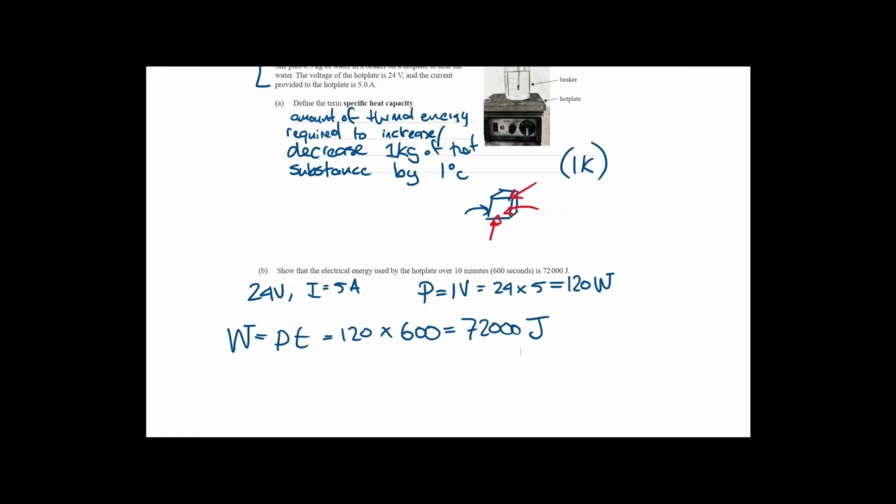Okay, now we get to the bit I think that stumped a lot of students. So we're told that Celia graphs the increase in water temperature over time and obtains the following result. So the time that's taken is 600 seconds, so t is 600. And we're told that the mass is 0.5 kilograms of water, and that 72,000 joules of energy was used. So we're presuming that it's all going into the water.